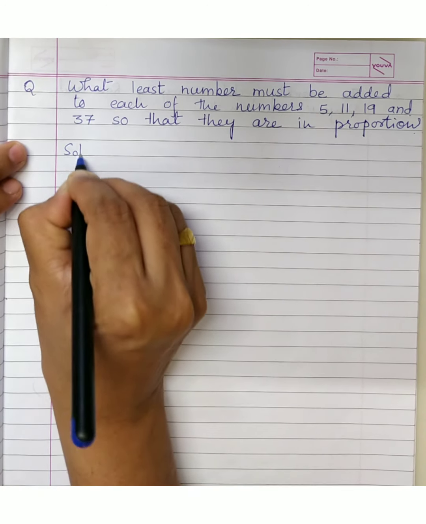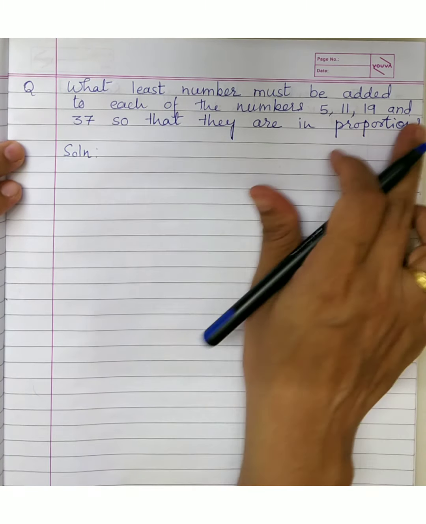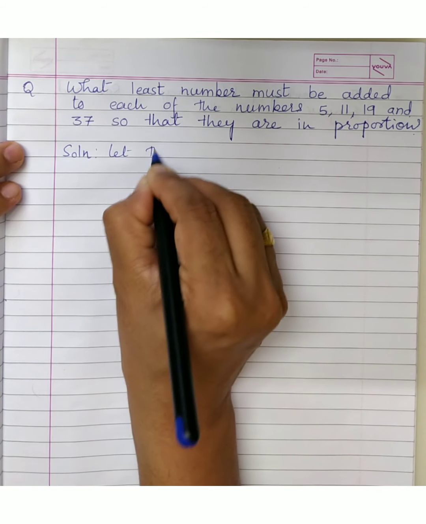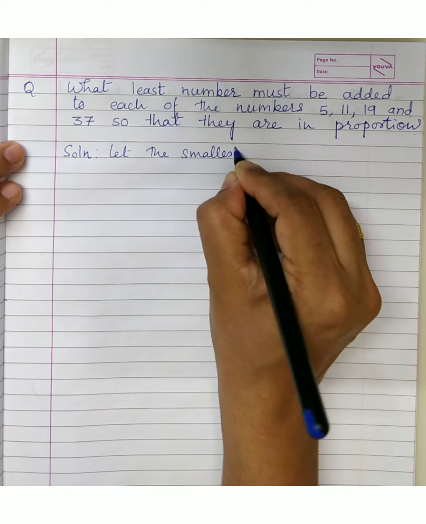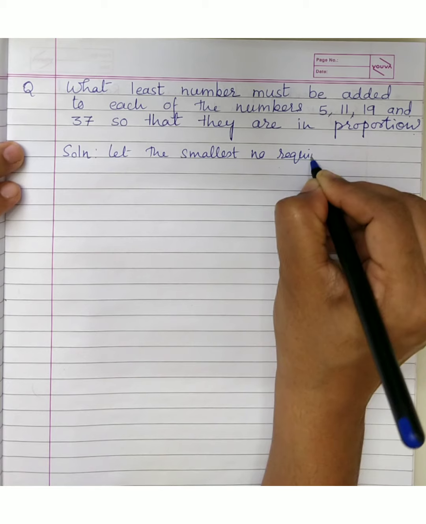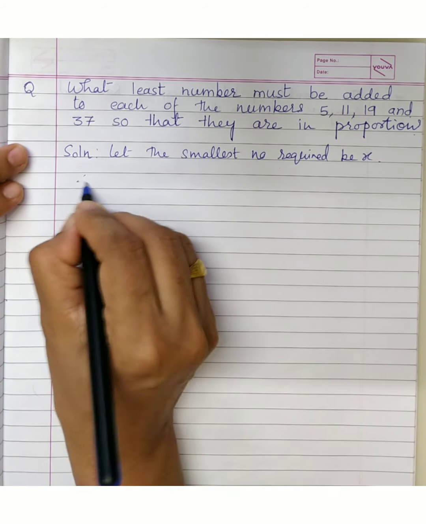So what will be our first step here? We have to assume that what is that number which makes all these four numbers in proportion after adding. So we'll assume let the smallest number be x, or least number required be x. Now what is the statement telling?